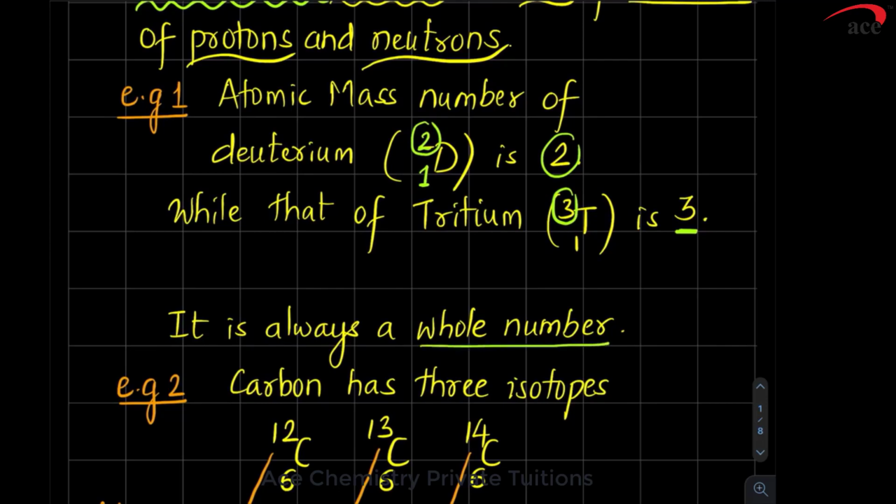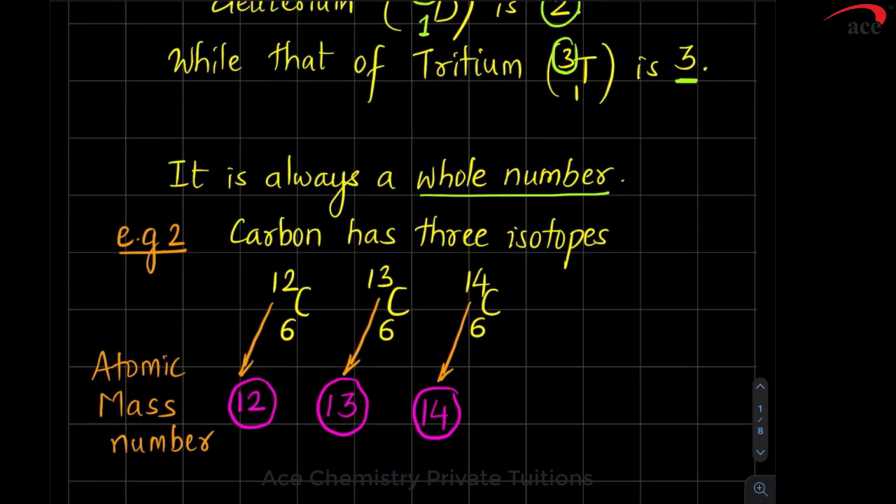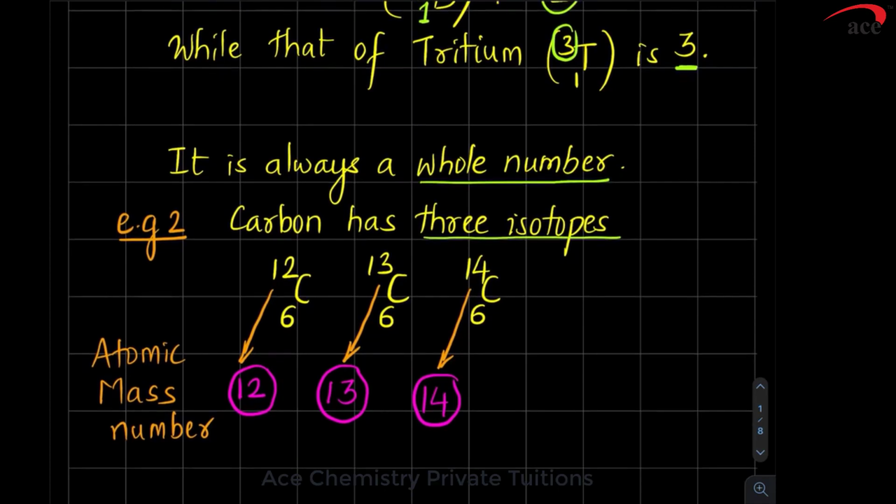Correct. That means mass number is always a whole number. If you check, carbon has 3 isotopes. So, first isotope, atomic mass number is 12. That means it has 6 protons and 6 neutrons. For next, it is 13.